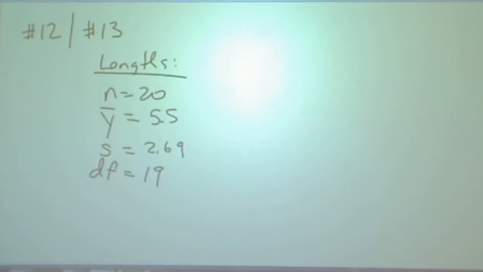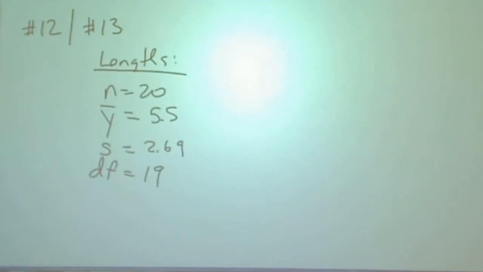So what are they doing in 12? I'm going to reword 13 a little bit. Let's do 12 first. What do they want to know in 12? The editor wants the word length to be 6.5.